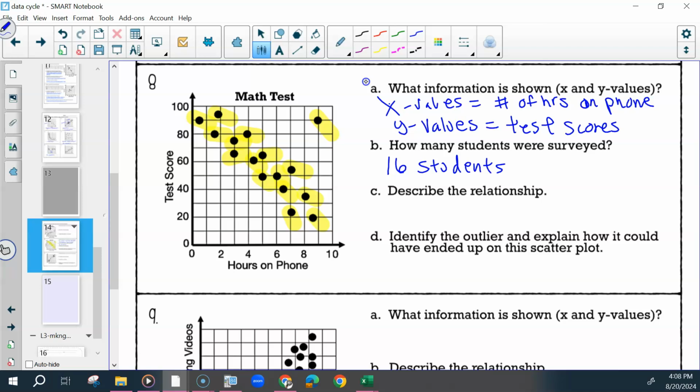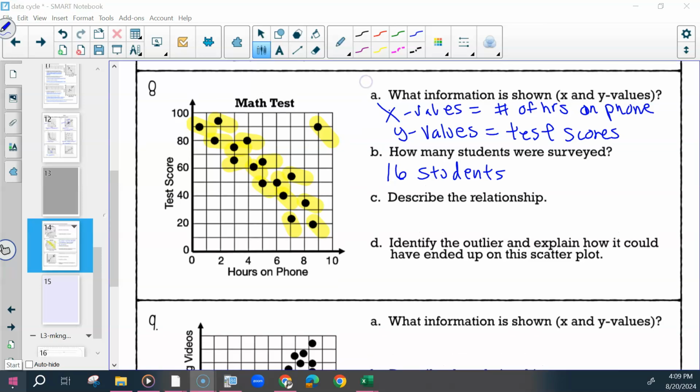And then if we were to describe this relationship, well, the more hours spent on the phone, the lower the test score is. So this is a negative relationship. I can say the data is pretty strong because there's enough data and they're pretty close together.